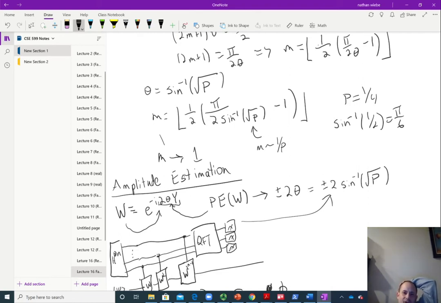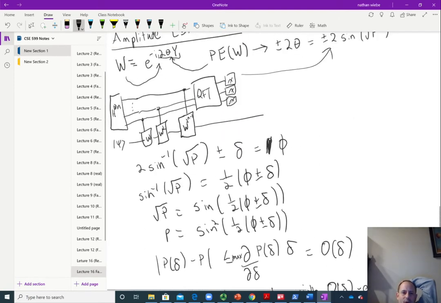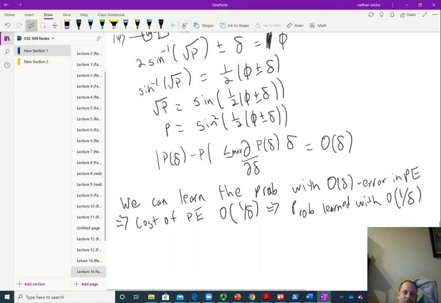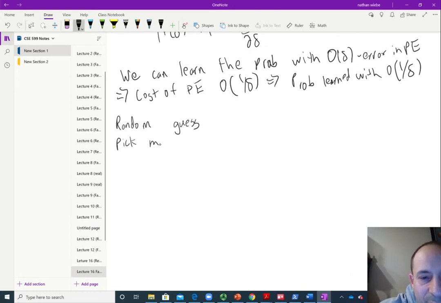There are other heuristic approaches that can work and will allow you to find a marked state without knowing the probability. The simplest one is just a random guess. Okay, so what you would do is you would pick first M equals 0.